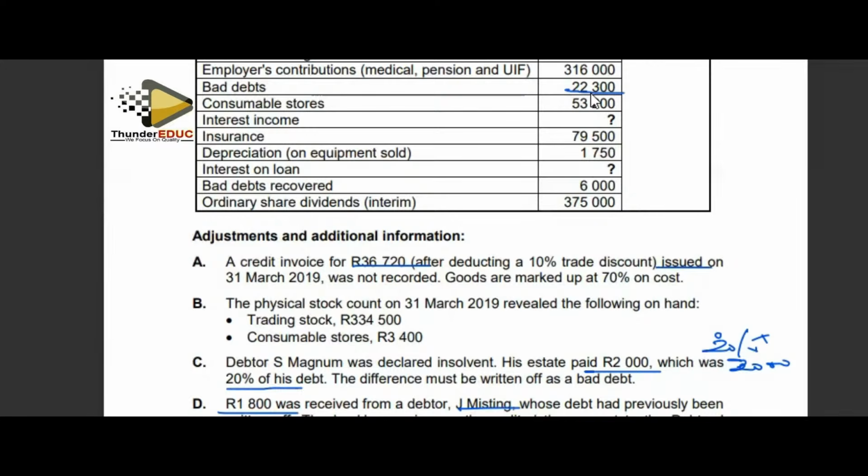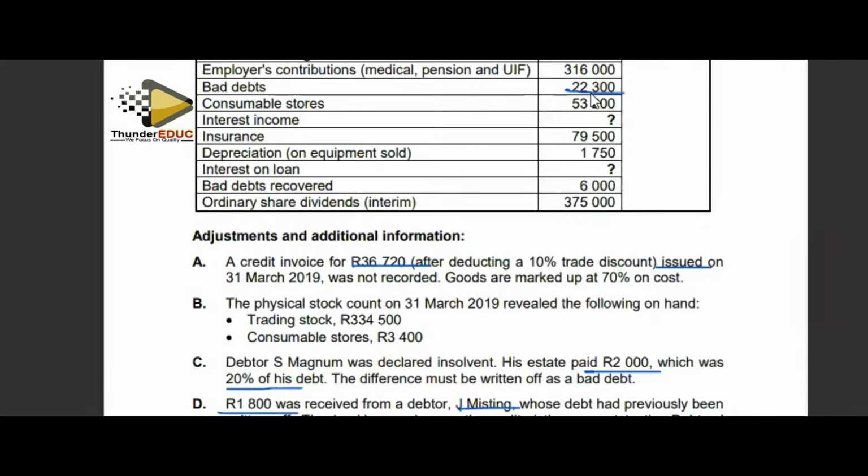So the debt is always at 100, okay? So I will say 100 over 20 times 2,000. So this one is going to give me 10,000, okay? Let me show you how I did it. This is some small mathematics. Remember how we do the sales and cost of sales?